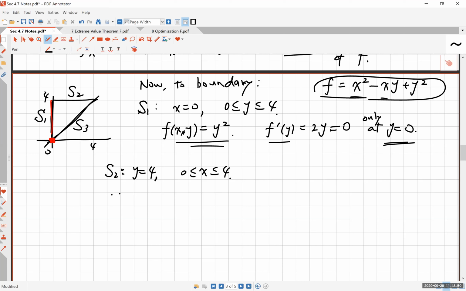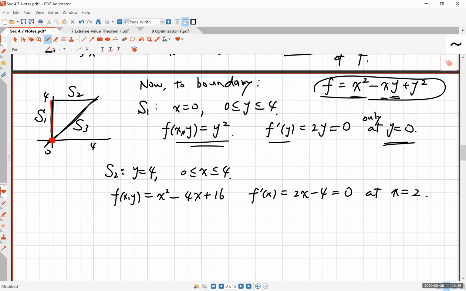So f of x, y on this line S2 turns out to be x squared minus, remember y is 4, so this becomes minus 4x plus 4 squared, that's 16. Now here the derivative is 2x minus 4, and that does have a critical point when x is equal to 2.